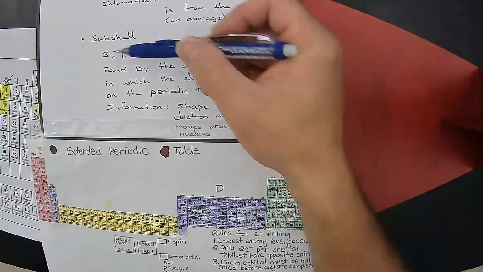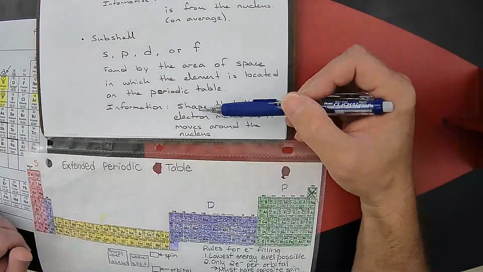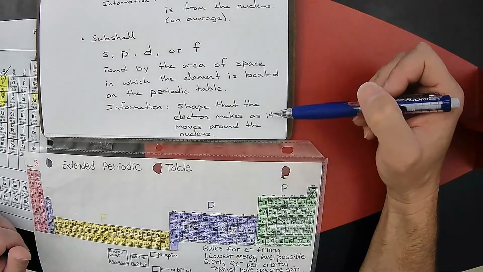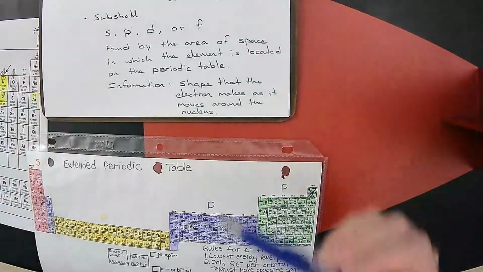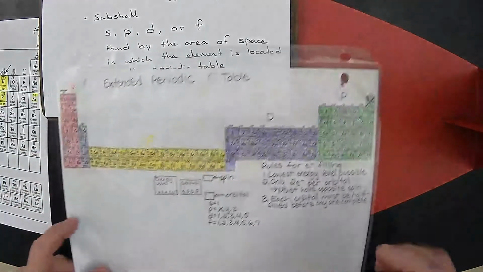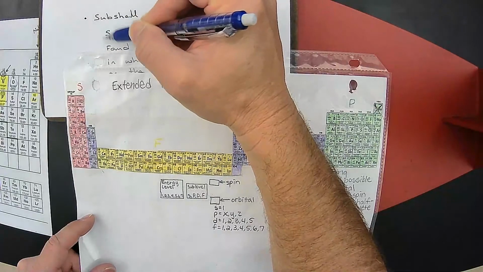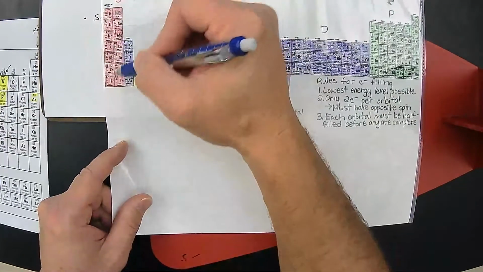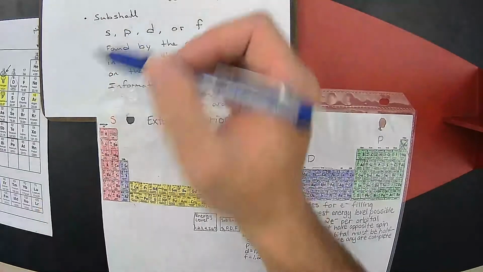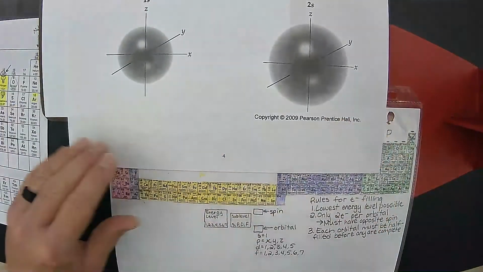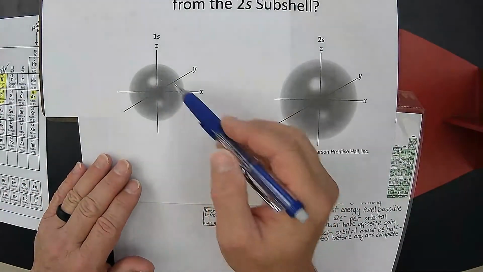Each one of these 4 areas of space is going to allow us to know the shape that the electron makes as it moves around the nucleus. So, for instance, if you are an element that has its last electron in the S subshell, that means this red piece here, that means the shape that your element is going to make as it flies around is a spherical shape.